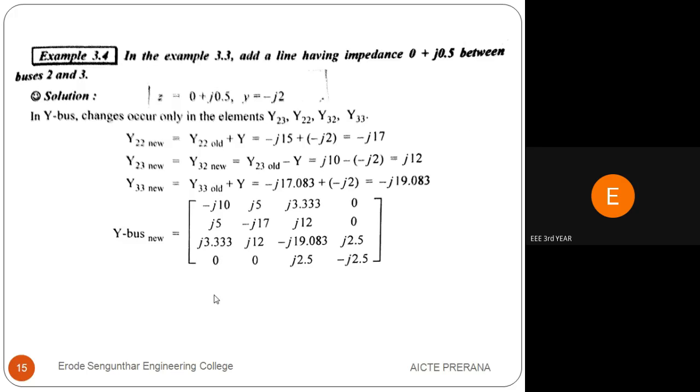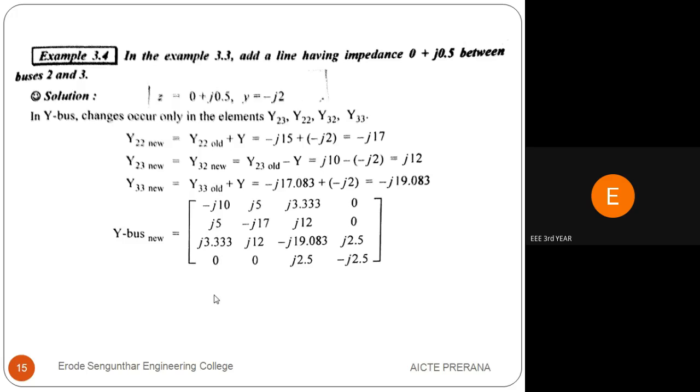Here, in this, we have to consider the same example. In this, we are adding an impedance value between the first, two and three. Just read out here. In this example, consider the example 3.3. Add a line with impedance 0 plus j0.5 between buses 2 and 3.